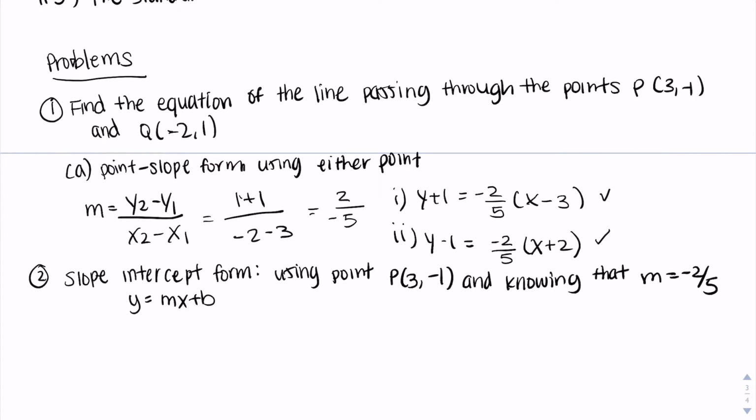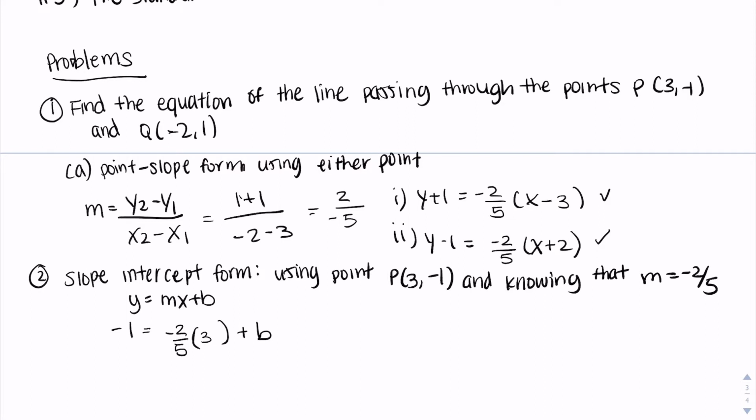So we know the slope, and now we have a point. So all we have to do is plug it into the formula. So you will get y is negative 1 equals the slope negative 2 over 5, the x is 3, plus b.